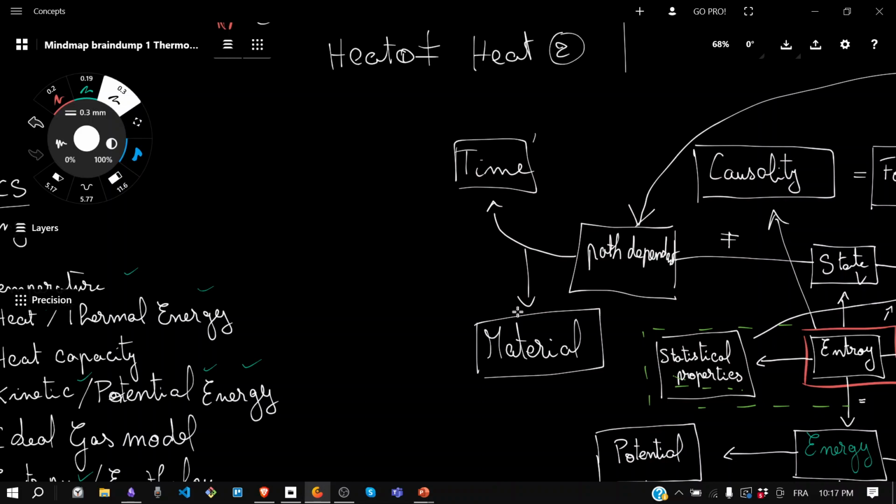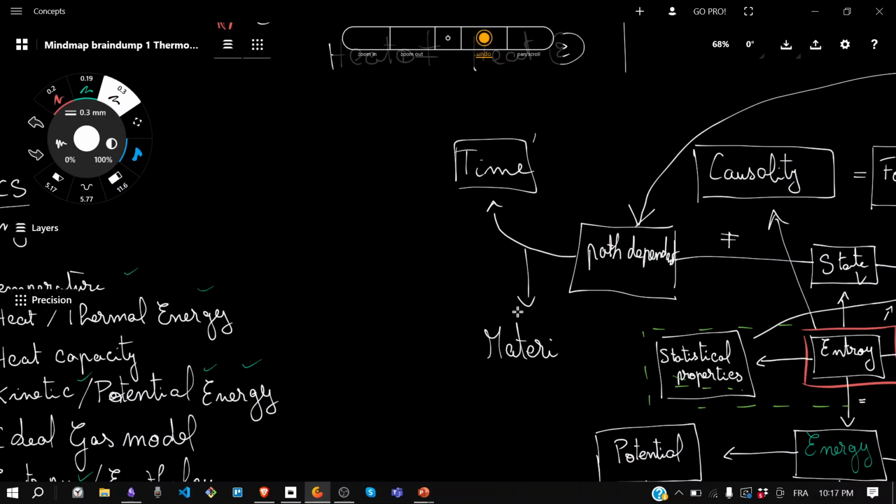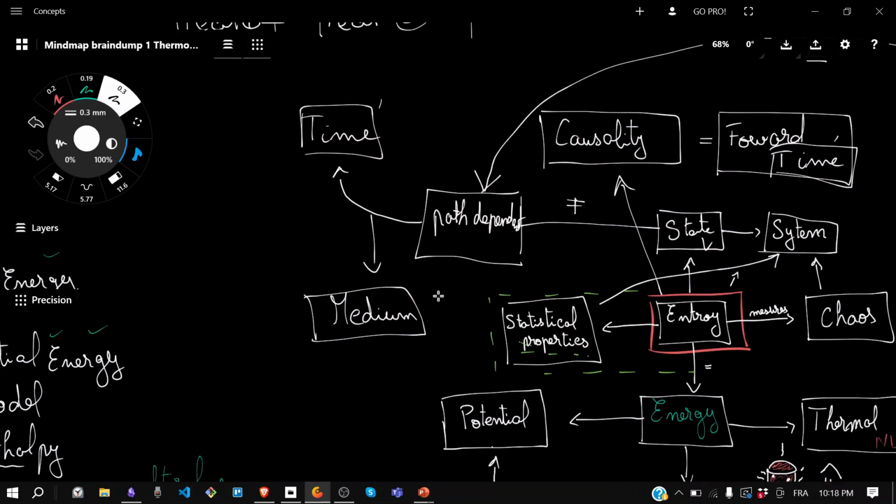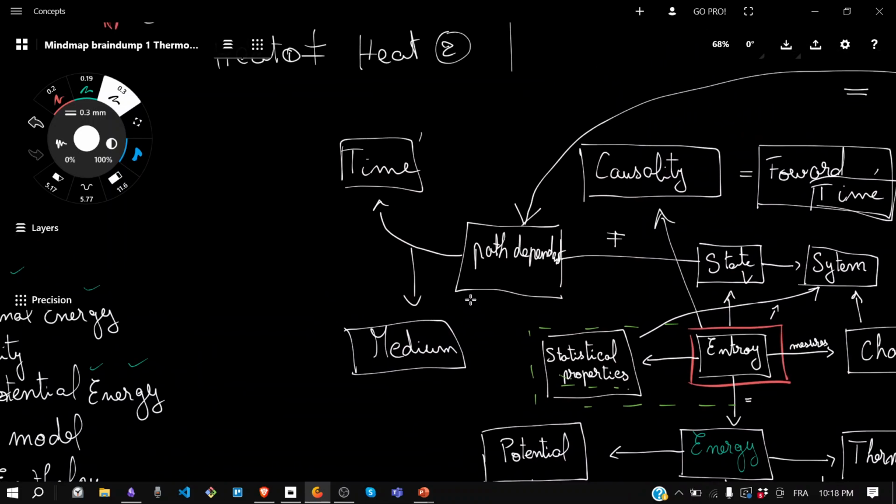So it can go through different materials, or maybe even a better word would be medium. Yeah, and we're going to look at processes in general. So we have processes.